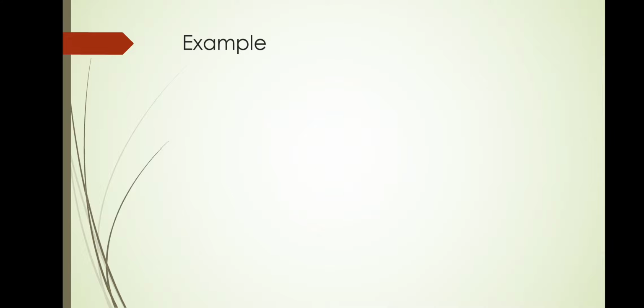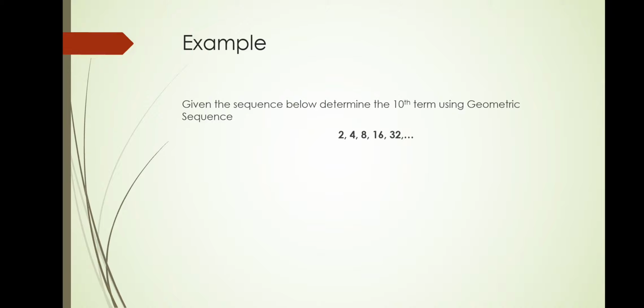Example for geometric sequence para mas malinaw. Determine the 10th term using geometric sequence. Now we have a given sequence of 2, 4, 8, 16, 32. The first step is getting the common ratio, which is the formula for common ratio is a sub 2 over a sub 1.